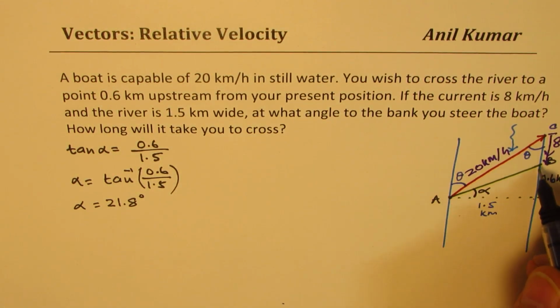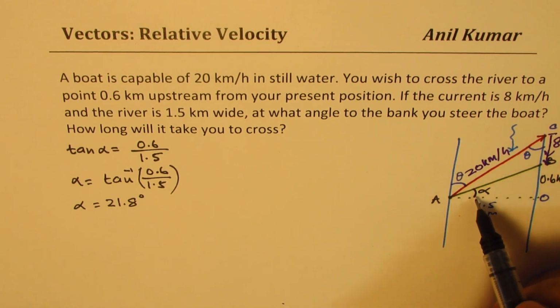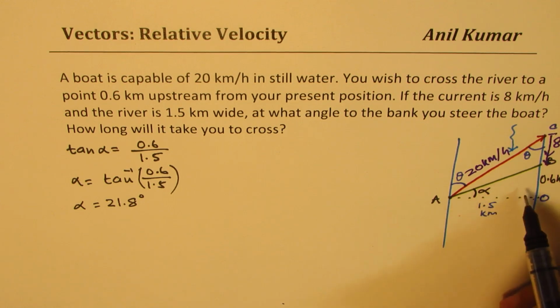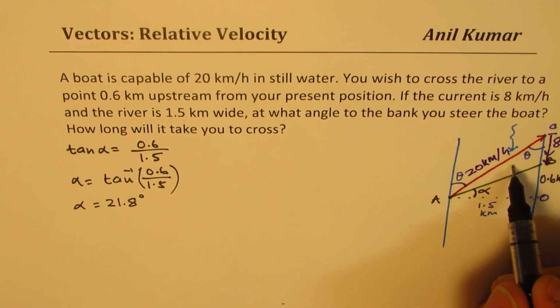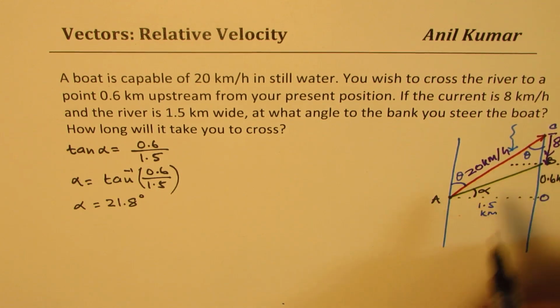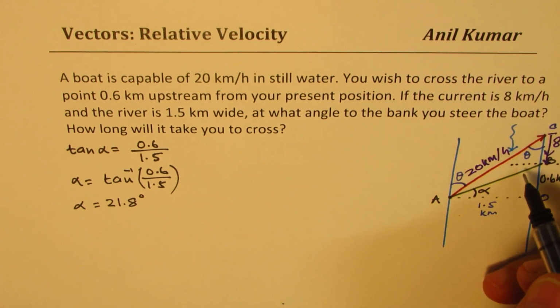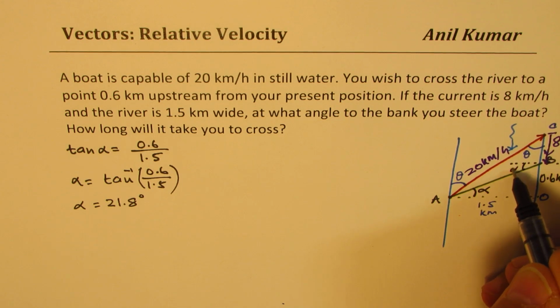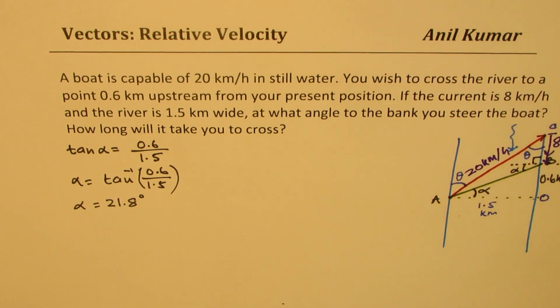Now if you look into this side, these two are parallel. So this angle of 21.8, let's draw a line parallel to this, will be alpha plus 90 degrees. Do you see that part?